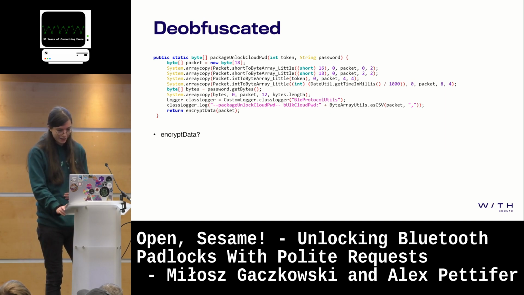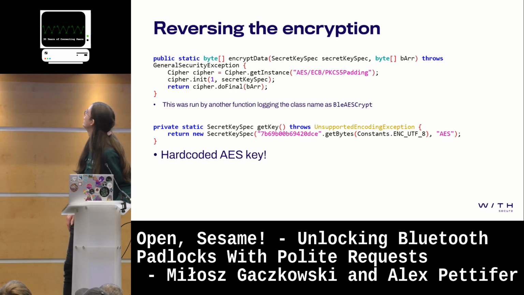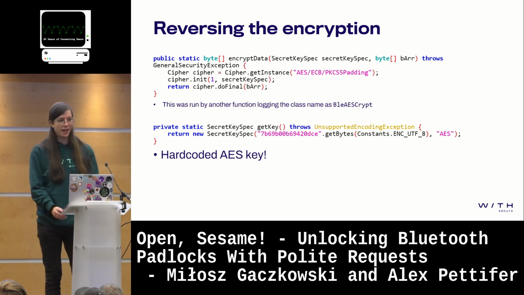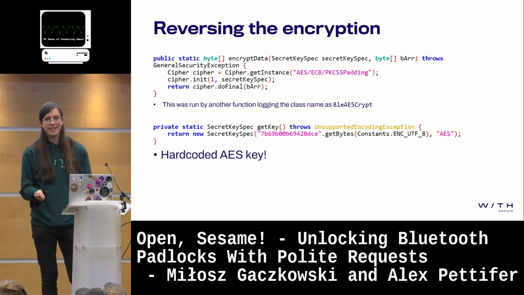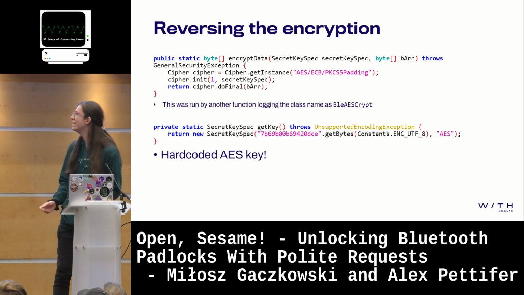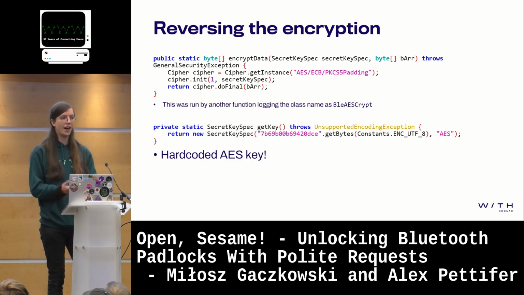Looking into here, we could see how things worked. So basically, take a message, encrypt it, always encrypt it using the same hard-coded key. Fantastic. Because it's hard-coded, that means we can read all messages basically forever, because it's hard-coded on the application side and on the hardware side.